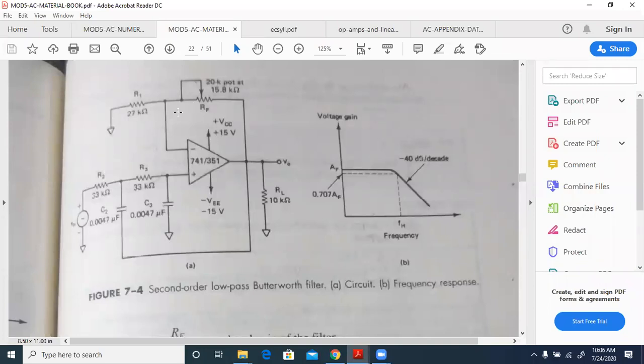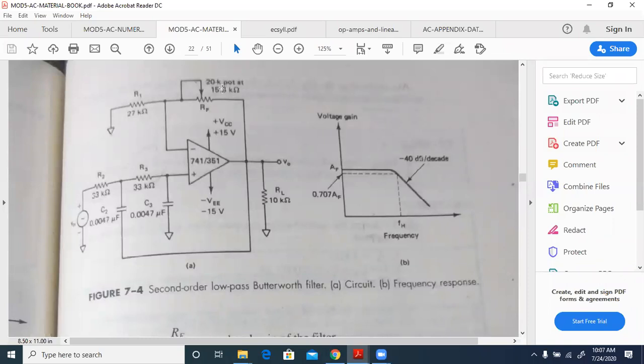Here you have RF and R1, and this corresponds to a non-inverting amplifier, because the input is connected to plus. A non-inverting amplifier with the RC network will become the second order low pass Butterworth filter.